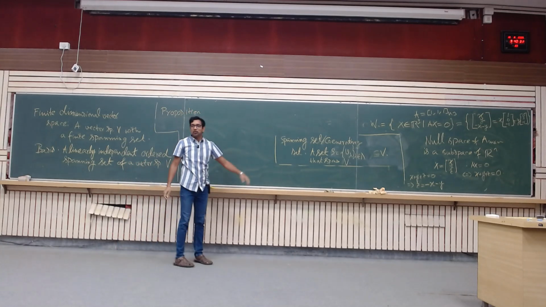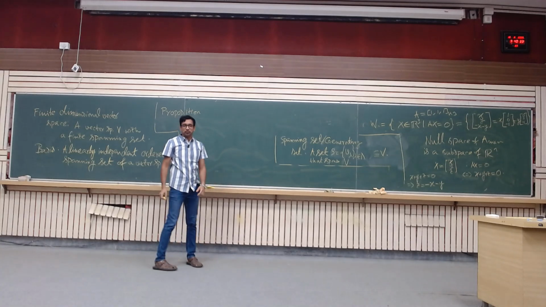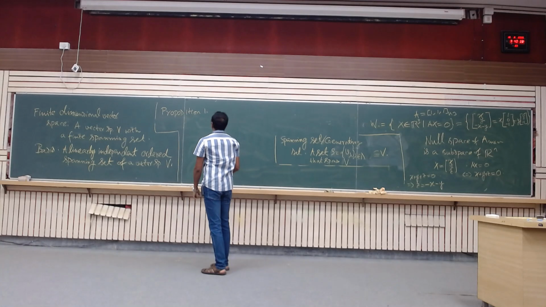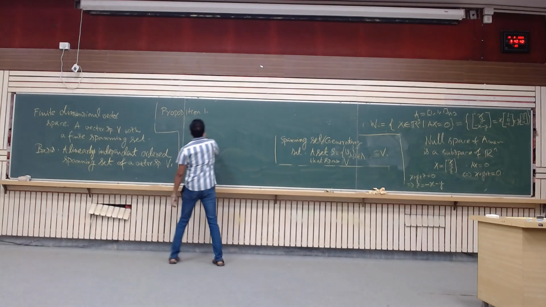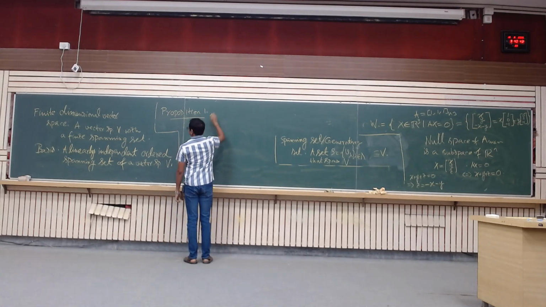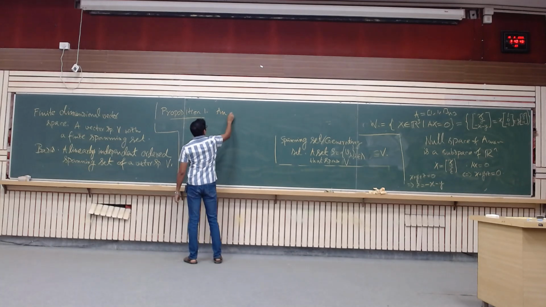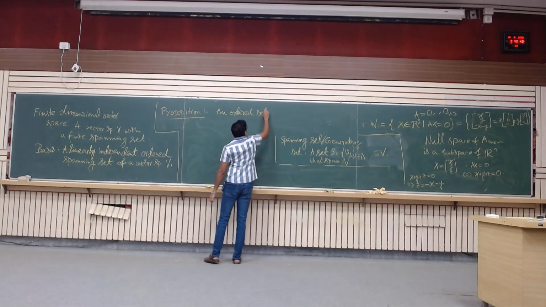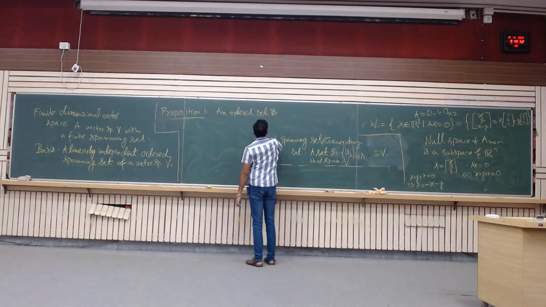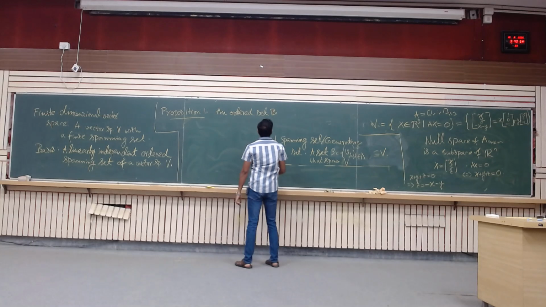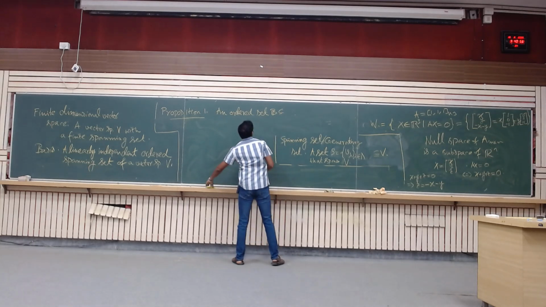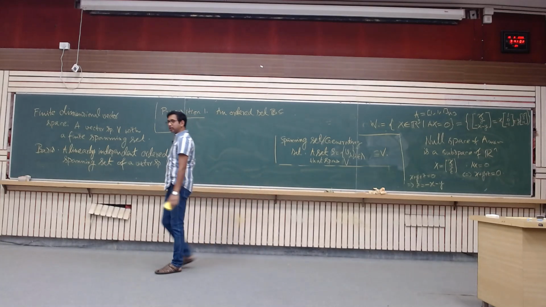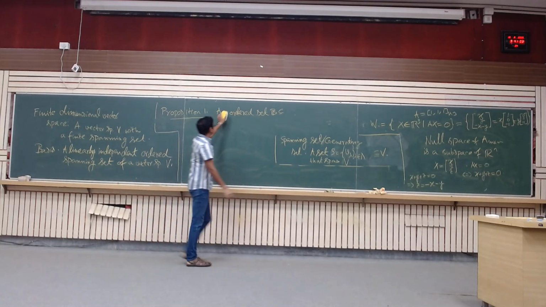And I'm going to wipe it out if we need more space for the proof. So proposition 1. Because we said that henceforth we are going to consider everything finite, let it be a finite ordered set.